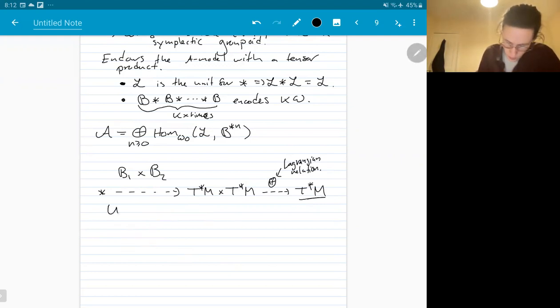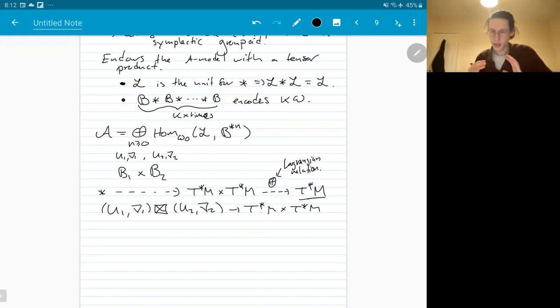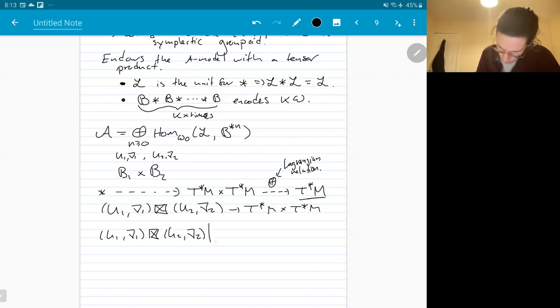Say this one has the line bundle U1 with connection nabla1, and this one is U2 with connection nabla2. Then you can take the product of these two line bundles with connection, which will be supported on the product. Then you restrict it to the fiber product, to T star M fiber over M with T star of M.